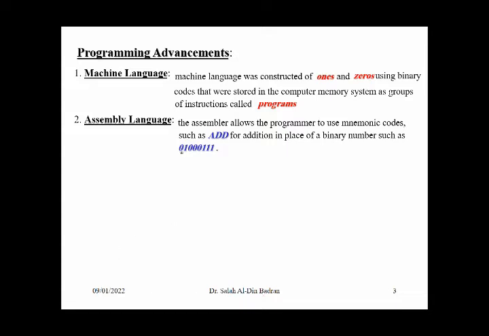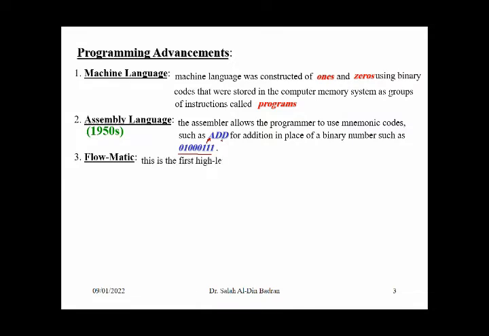So instead of writing our program in machine language using ones and zeros like this one, assembly allows us to replace these bits with specific mnemonic codes such as ADD to simplify programming for programmers. This was in the 1950s.